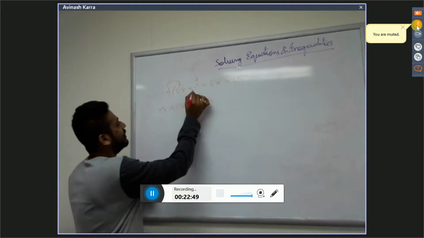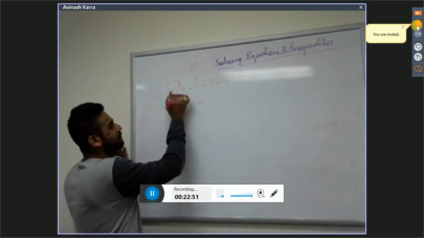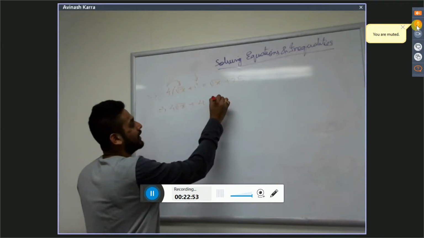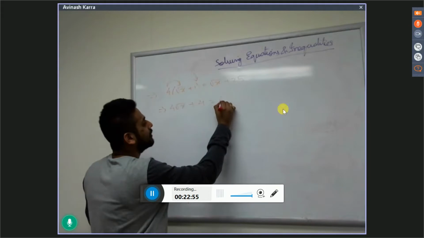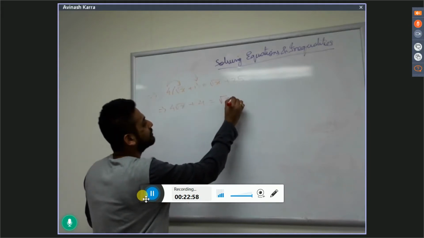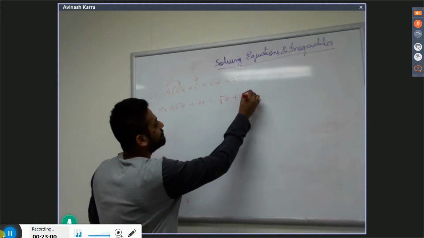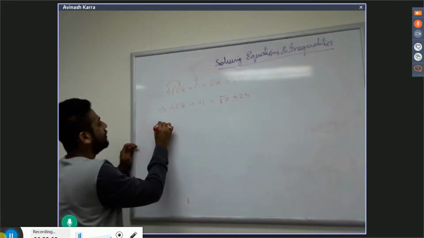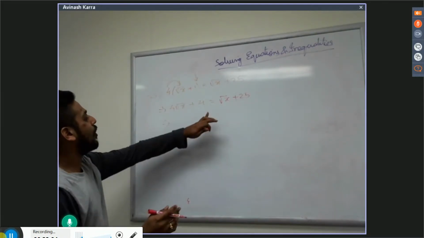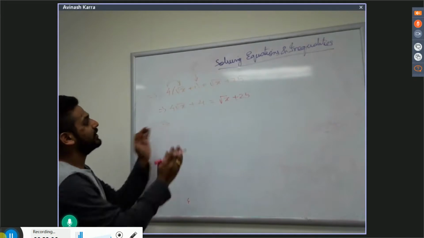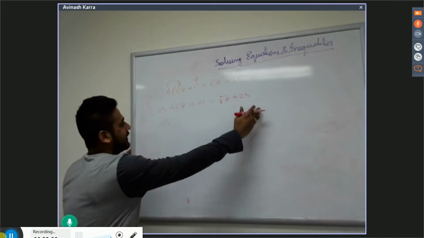So 4 into root x, 4 root x plus 4 into 1 is 4, and this one will be root x plus 25. So what is the next step? Get all the variables toward one side and all the constants to the other side.